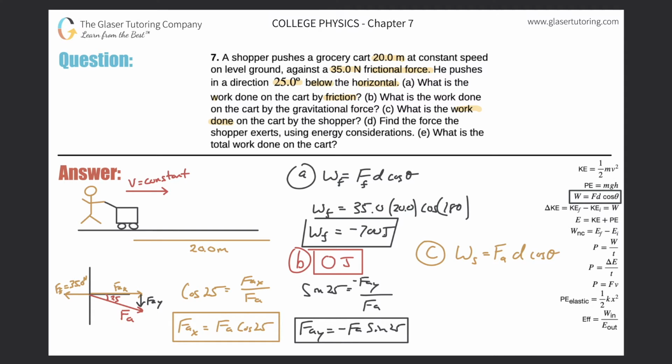Okay, so in order to find the work done by the shopper, I got to know all these things. Now, what's the big problem? I don't know what this is at the moment. So my focus turns into, instead of finding the work the shopper applies, my job really is to find the force that the shopper is applying to the cart.